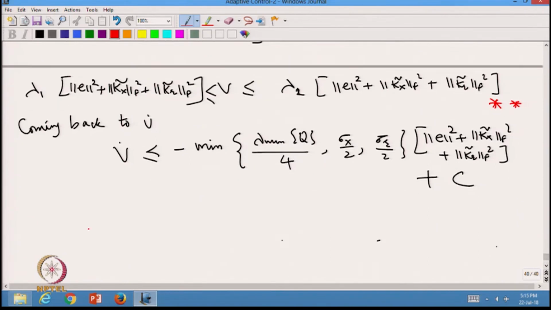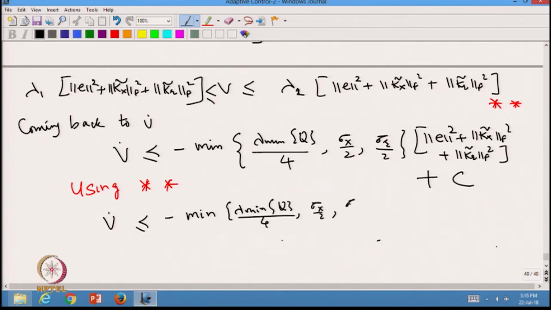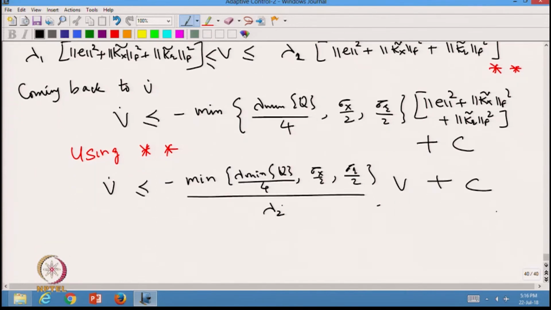So V dot is less than or equal to minus the minimum of lambda min divided by lambda 2 times V plus C. Let us call this coefficient of V by alpha.